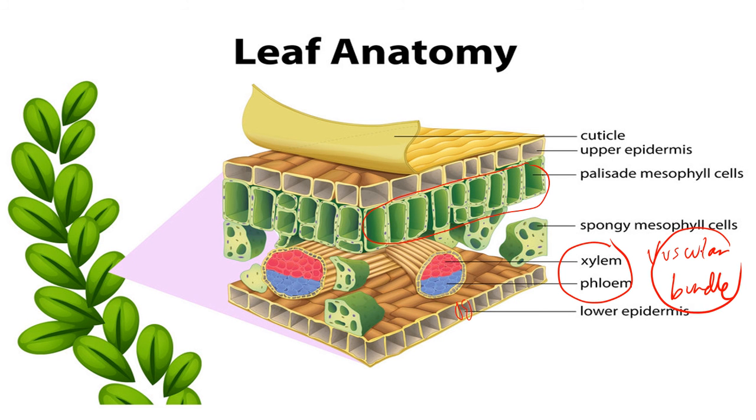The vascular bundle is the one responsible for the water uptake and, of course, the mineral ions as well. It is also responsible for the transport of sucrose, which is the sugar needed for the plants to build its own proteins for growth, for repair and development.